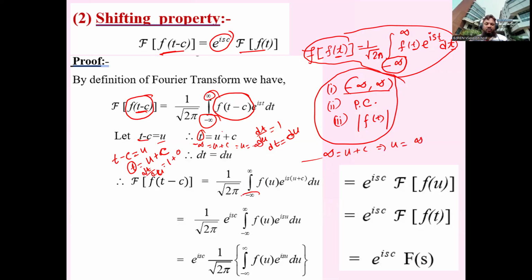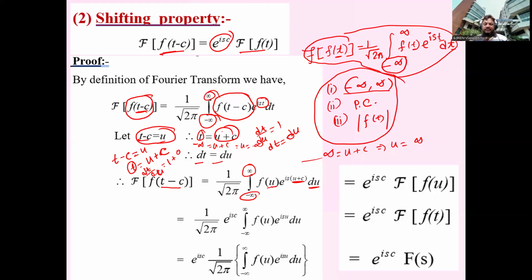That's why we need not change the lower limit and upper limit. It will be the same. So now 1 by root 2 pi we write here, and t minus c will be replaced by u that we consider here. t minus c equals u. So here t will be u plus c. That's why you write u plus c, and it will be e to the power ist times du, because dt equals du.